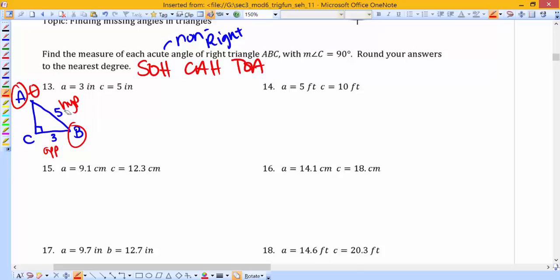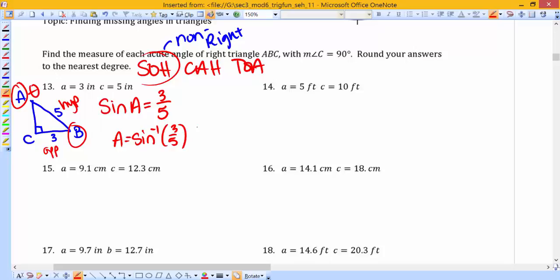Well, if I have opposite and hypotenuse, what uses opposite and hypotenuse? Sine. So this is going to be the sine of A, since I'm trying to find angle A. Opposite is 3. Hypotenuse is 5. When you're looking for an angle measure, we need to remember we have to find the inverse. So A is going to equal sine inverse of 3 over 5.